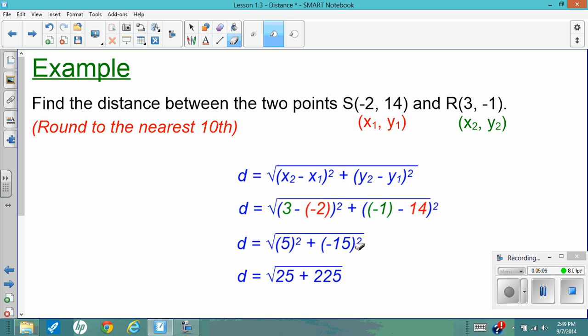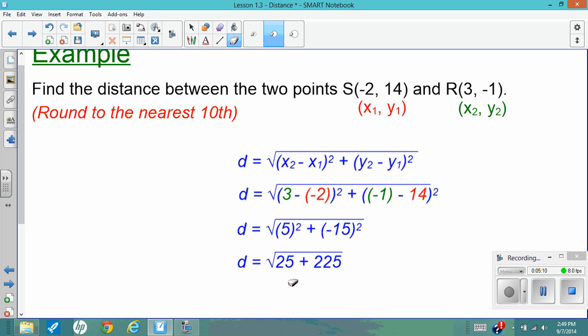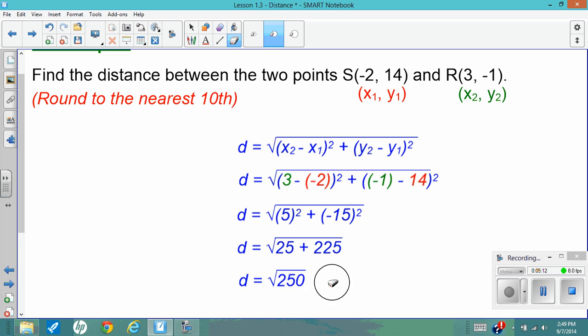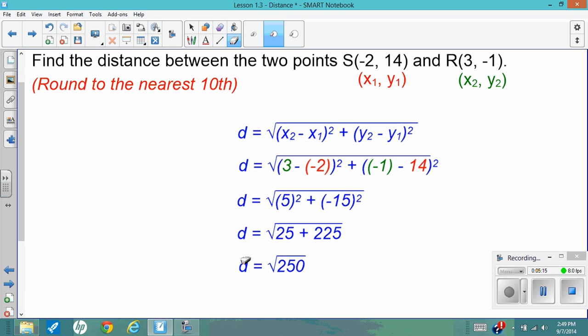Remember again that a negative number squared becomes a positive number, so this should be plus 225. And I did say to round to the nearest tenth, you should get 15.8. So that means the distance between S and R is 15.8. We can also say that the length of segment SR is 15.8. They both mean the same thing.